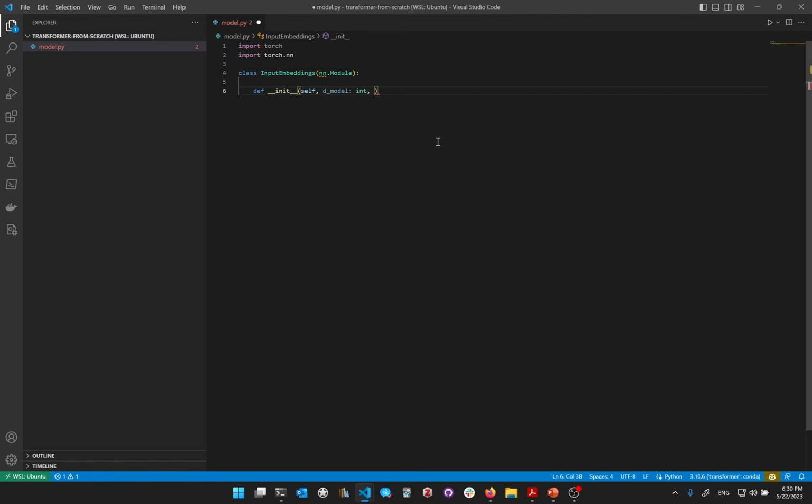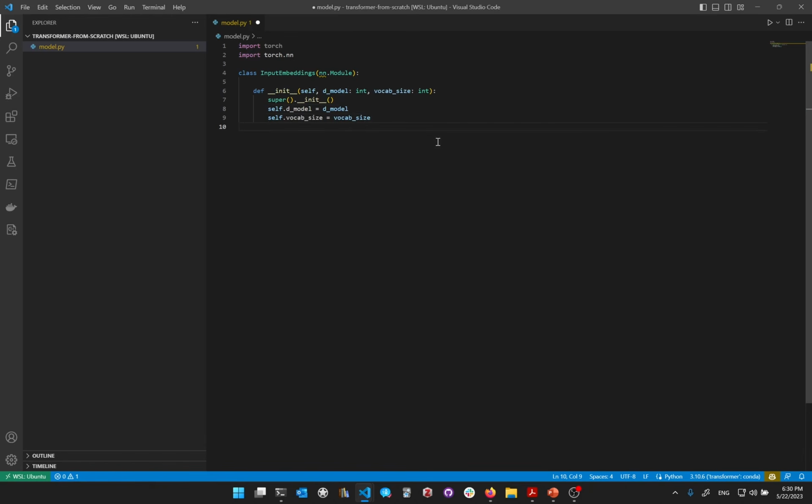And we also need to tell it what is the vocabulary size, so how many words there are in the vocabulary. Save these two values, and now we can create the actual embedding.